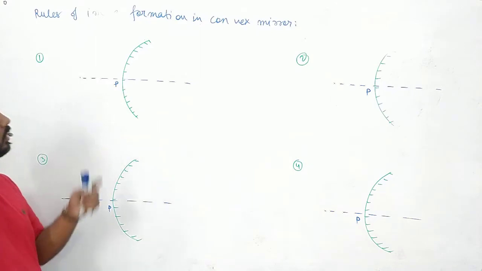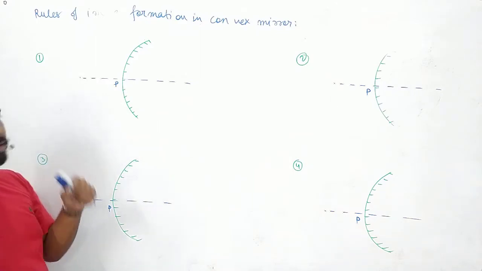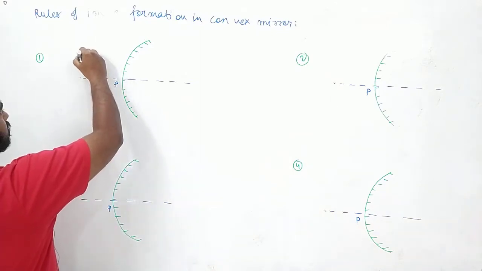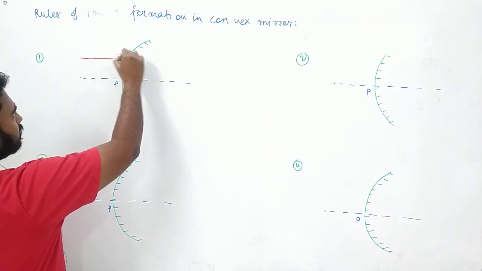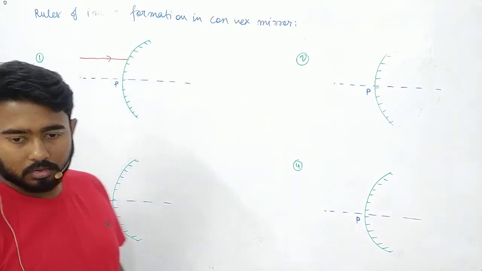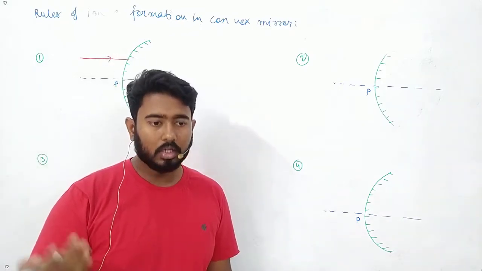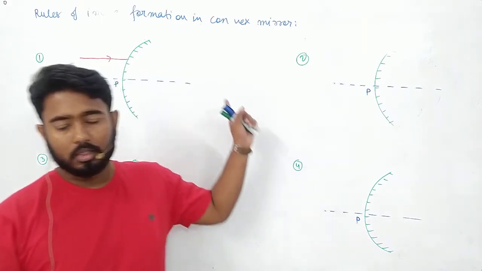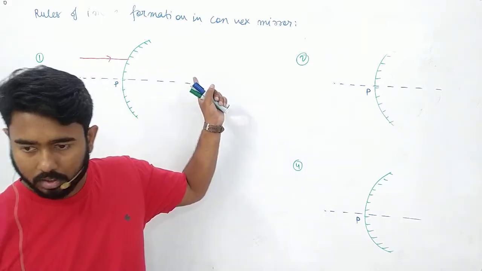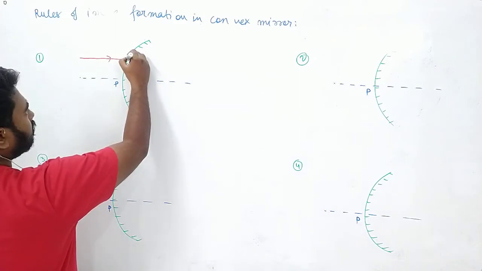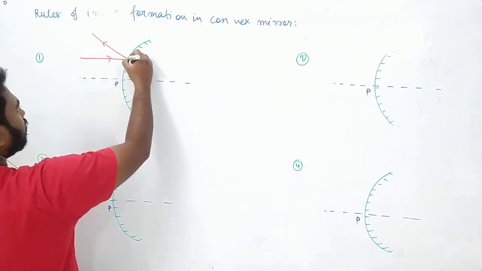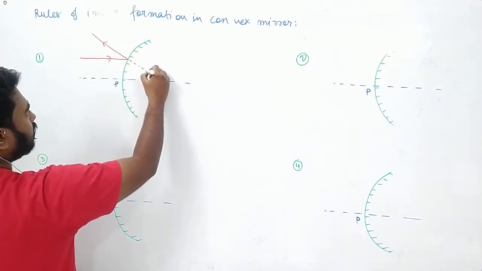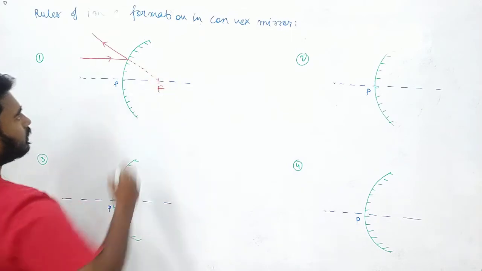Now, if a ray of light comes parallel to the principal axis, we know what will happen. After reflection, it will move out such that it appears to have diverged from the focus.